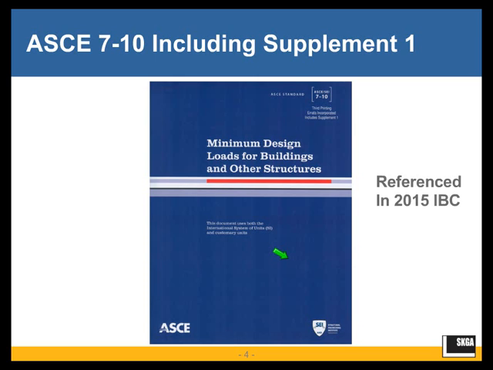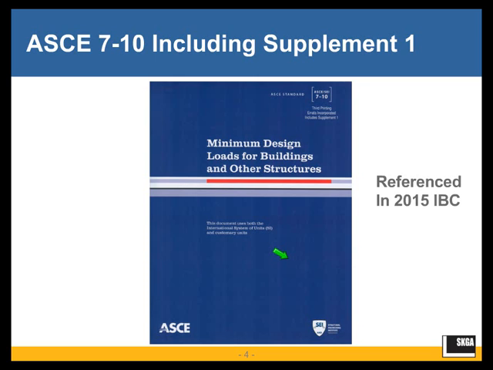It is not adopted by the 2012 edition. Supplement number 1 has about 2 dozen structural changes to ASCE 710. I would say maybe half a dozen of them are significant, and each of those significant changes I will discuss with you slightly later on.